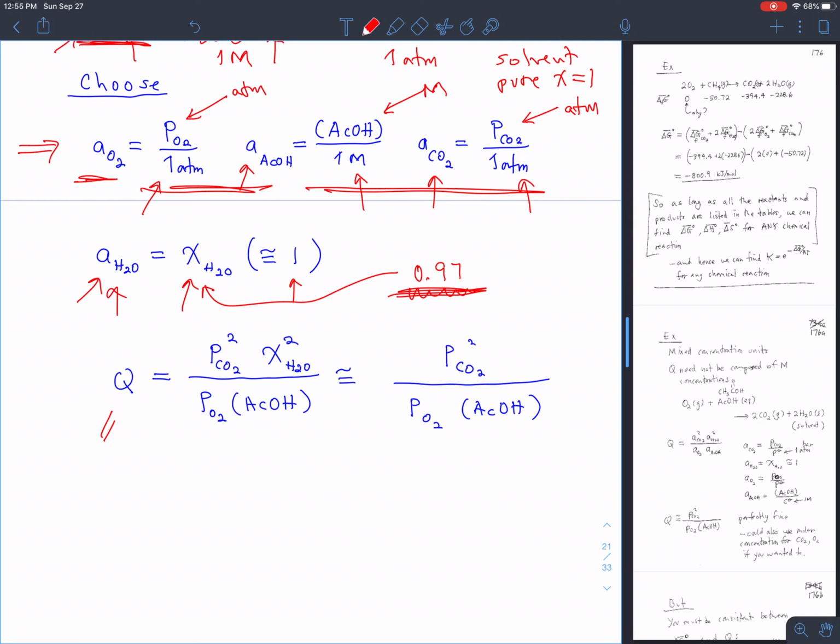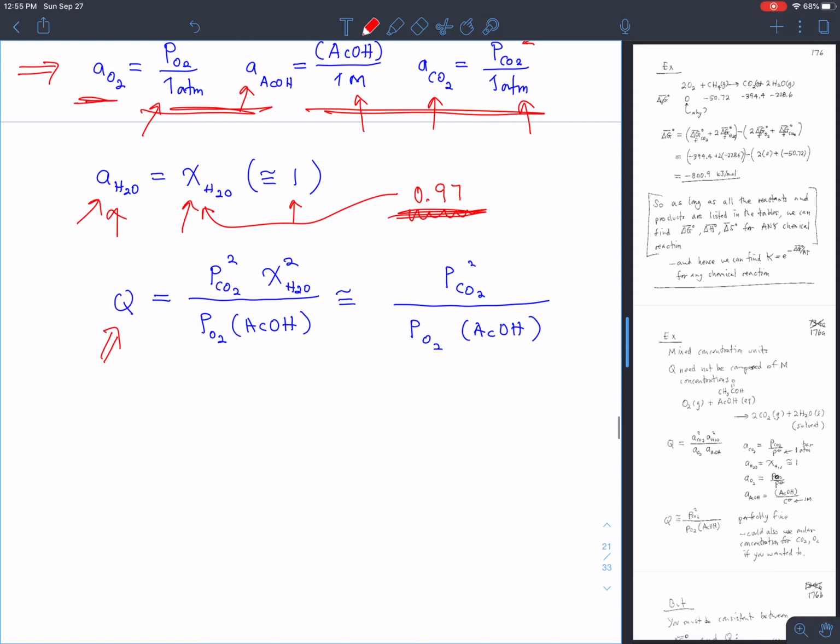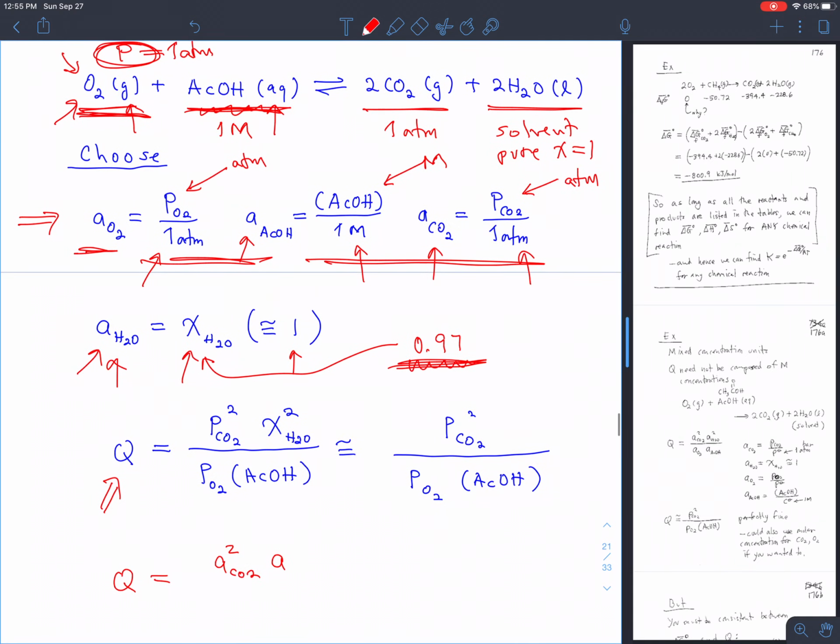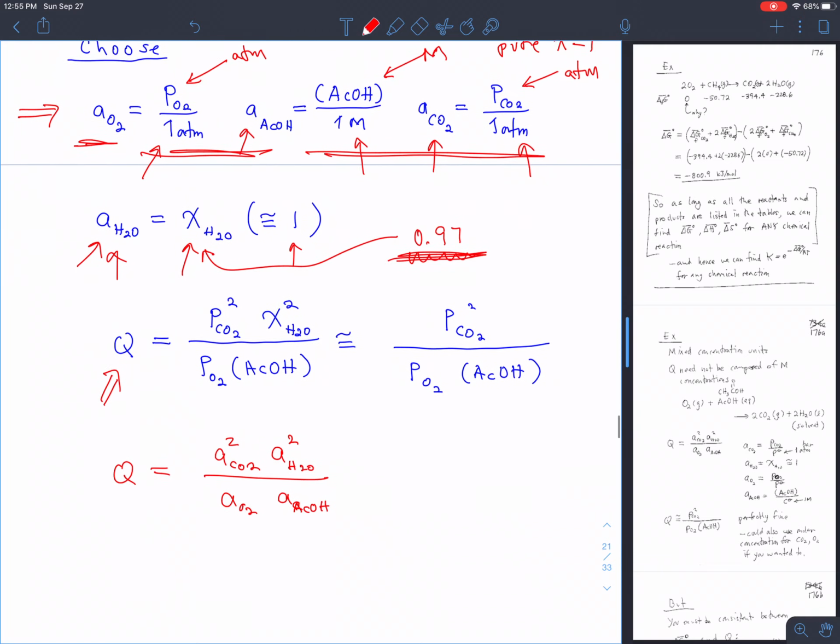All right, that means that our reaction quotient, in general in terms of activity, would be the activity of the CO2 squared, right? Looking at our reaction up here, there's a 2 there. Activity for the H2O quantity squared. Activity for the oxygen to the first power, and activity for the acetic acid also to the first power.